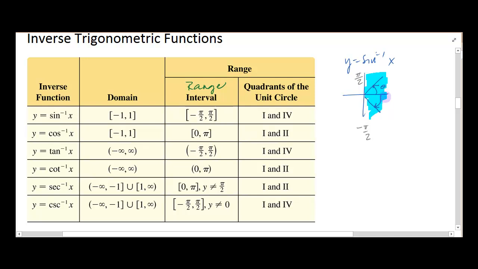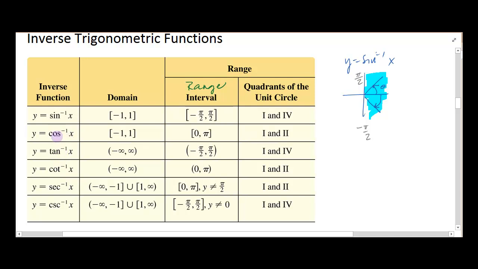My angle theta has to go negative in order to land down here in the 4th quadrant. So your possible solutions for the inverse sine function have to live here in quadrants 1 and 4. You have to take that into account when you deal with the rest of these trig functions as well.